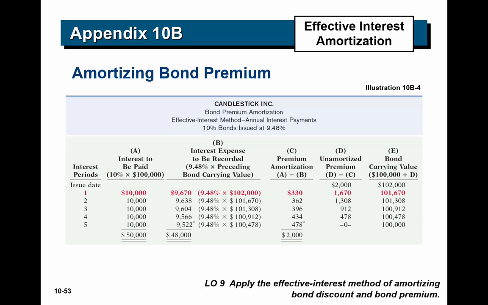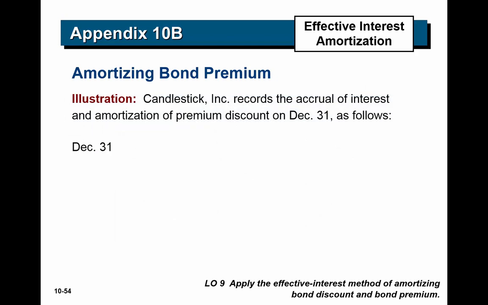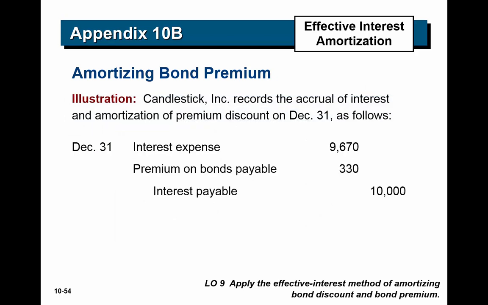And then the carrying value is the face value plus the unamortized premium. In the end, you'll be down to the face value equaling the carrying value, and the full amount of premium would be amortized. That's how you'd record it.